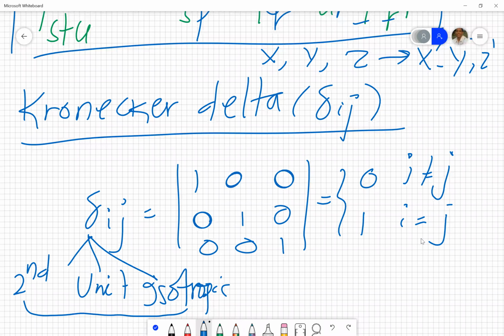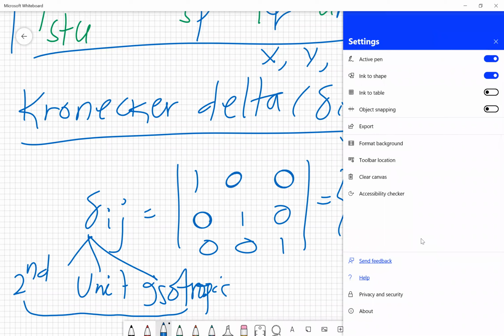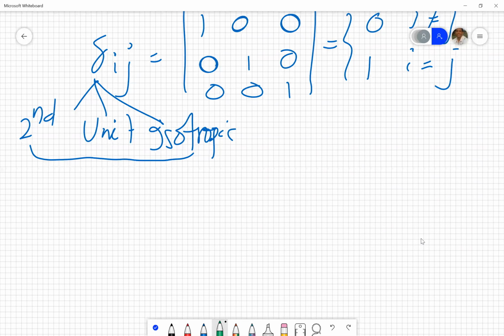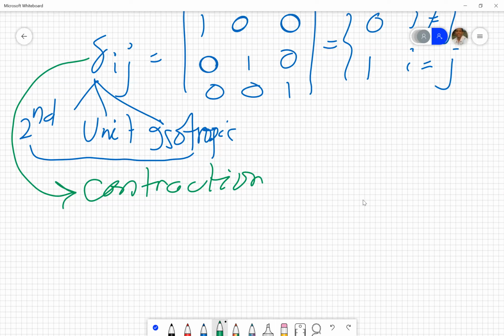So why am I introducing the Kronecker delta to you, and what is its importance in tensor theory? The Kronecker delta is otherwise known as a contraction operator. The Kronecker delta will be contracting any tensor quantity.